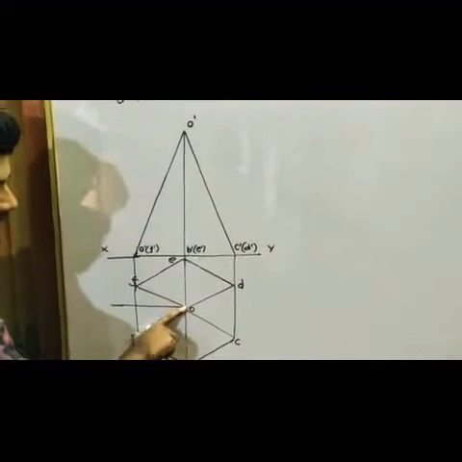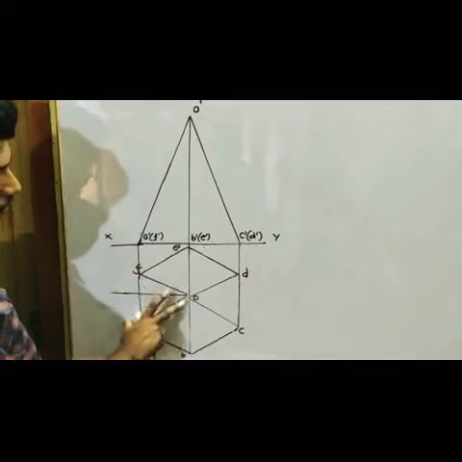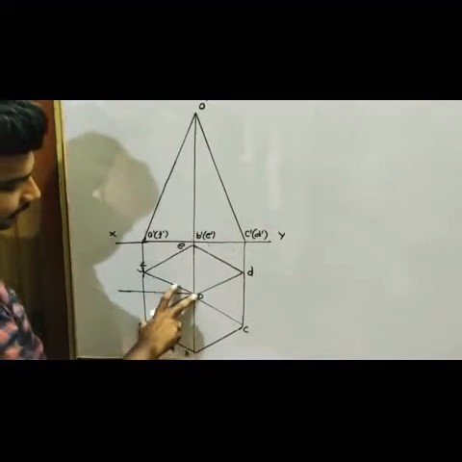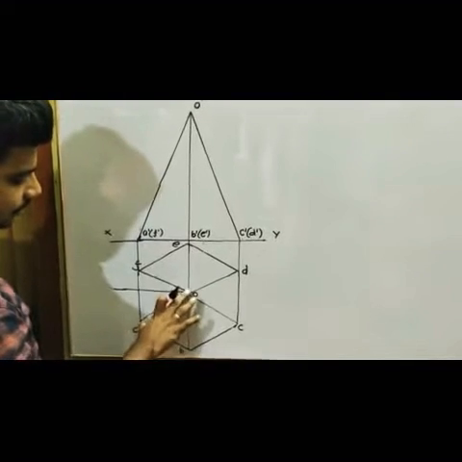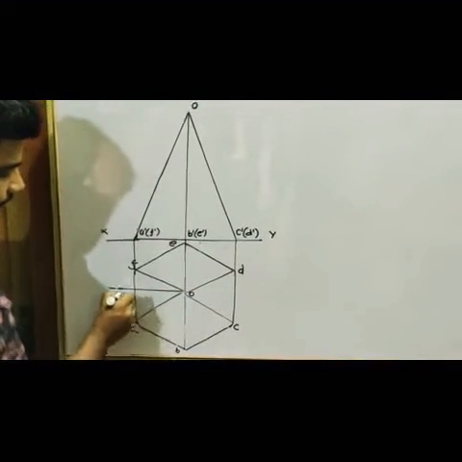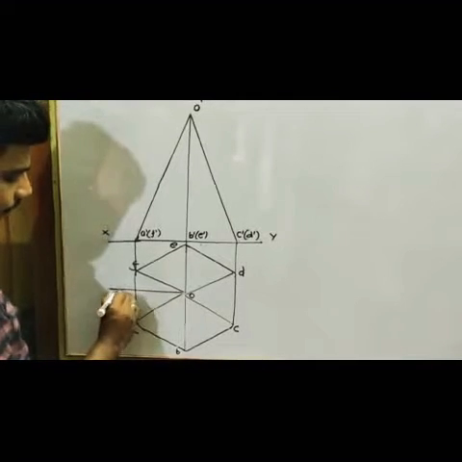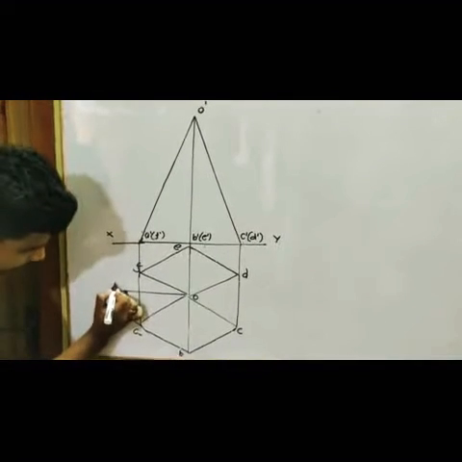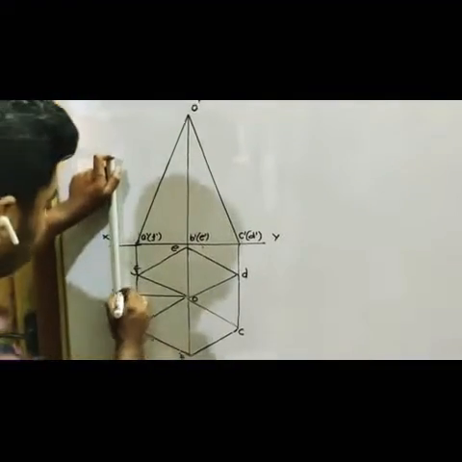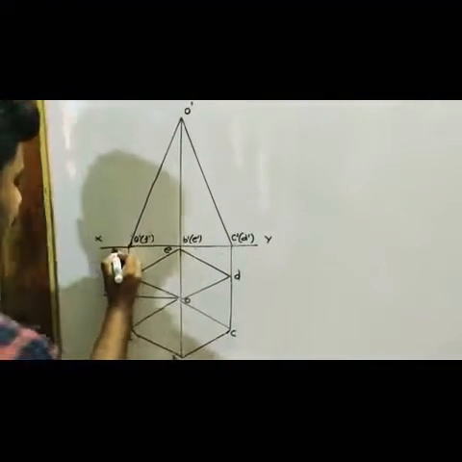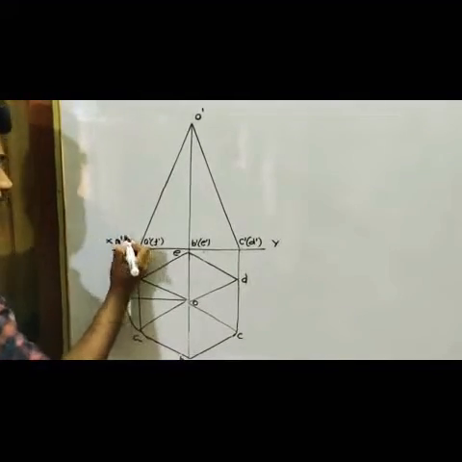So I am just tilting this edge to be parallel to my XY line. So with this I am going to draw an arc here, which is cutting at a point here. I am giving the point the name M, and I am projecting it to my XY line. Right? So that is my M dash.